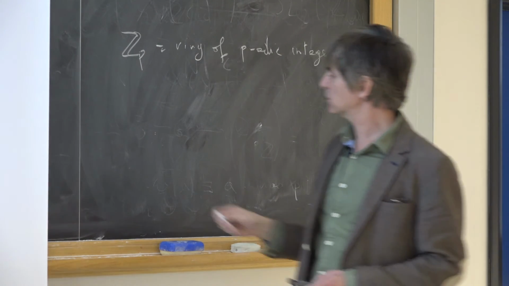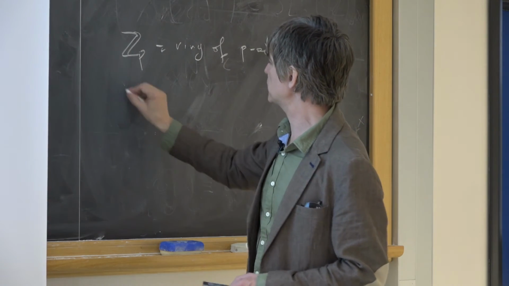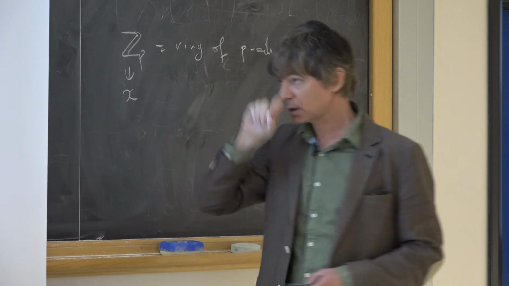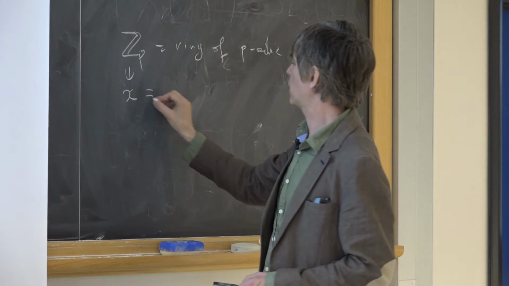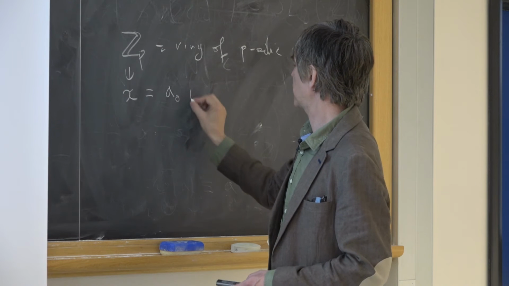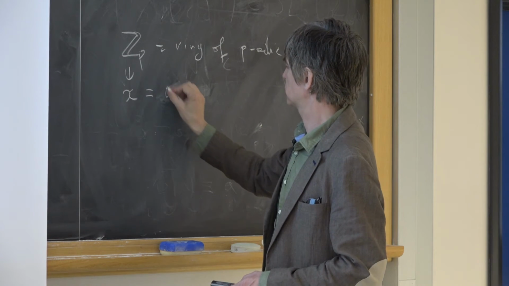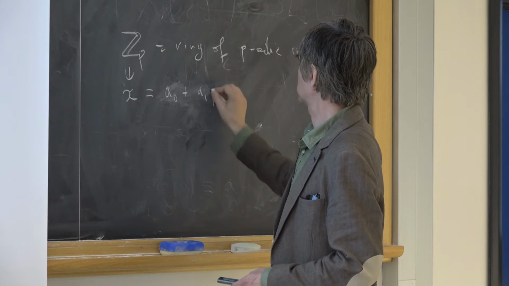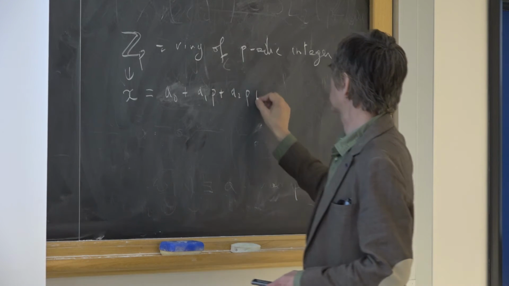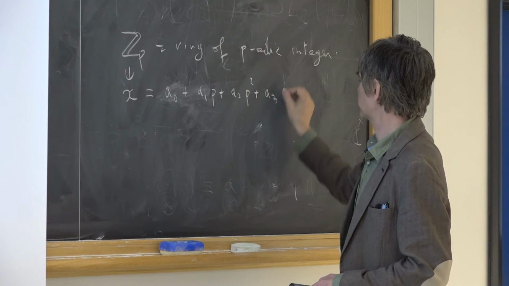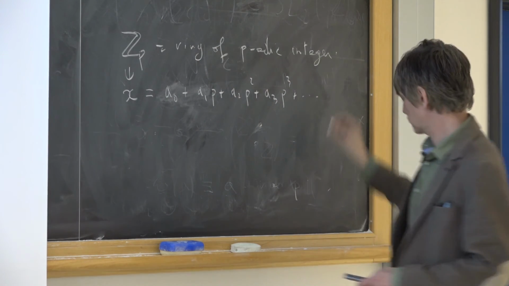So you can think of an element x in Zp as a power series a0 + a1 p + a2 p^2 + a3 p^3 and so on.